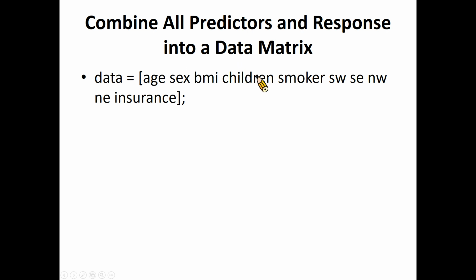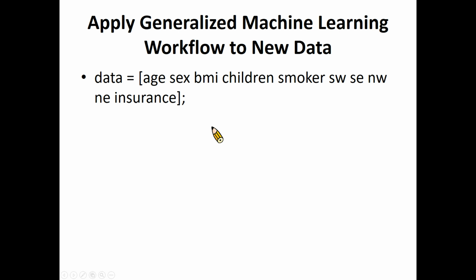That's why I convert the sex to 0, 1, the smoking status into 0, 1, and the region variables into 3 dummy variables. So these are all numerical variables. Once we have the data, we can apply the generalized machine learning workflow to the new data.